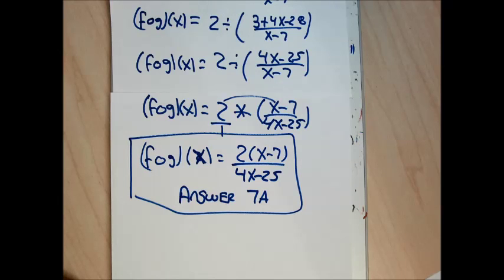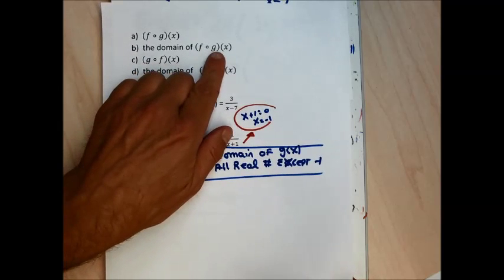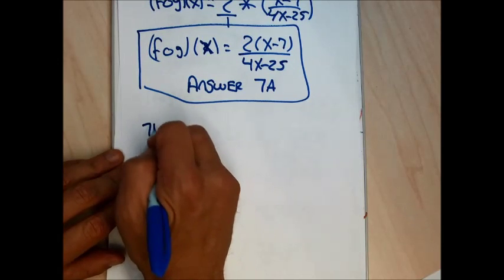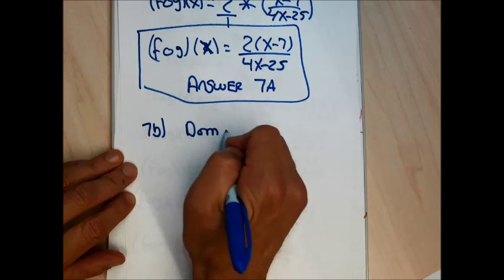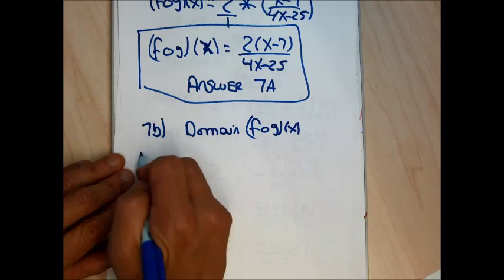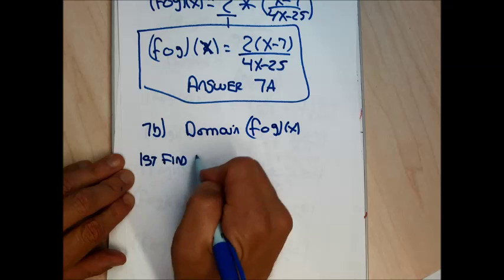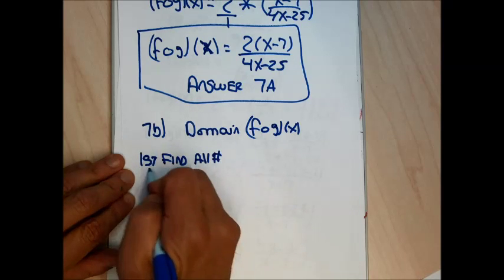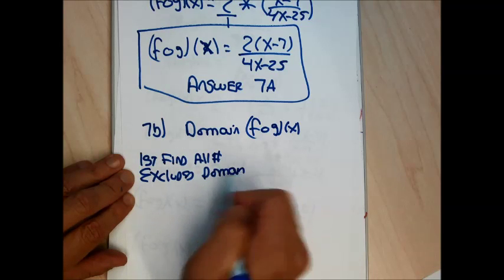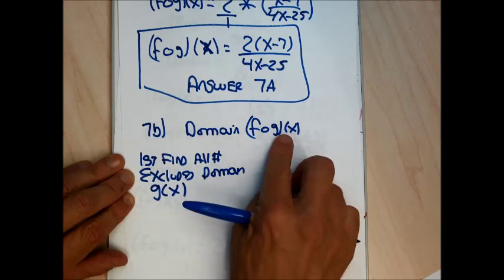To do part B, to find the domain of f composed with g of x, first I find any number that needs to be excluded from the letter that's written second, and then I find the domain of the answer. So to move on to part B, for 7b, I'm finding the domain of f composed with g of x. So first, find all numbers that need to be excluded from the domain of g of x, because that's the function that's written second.